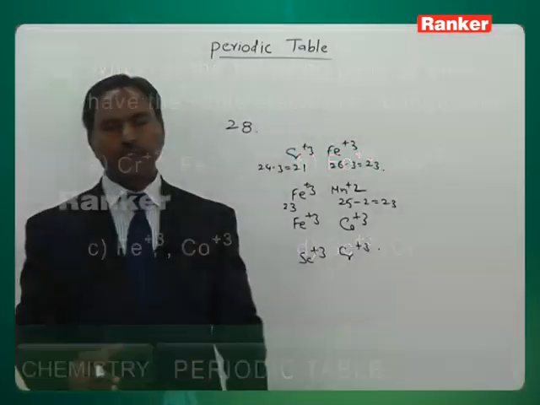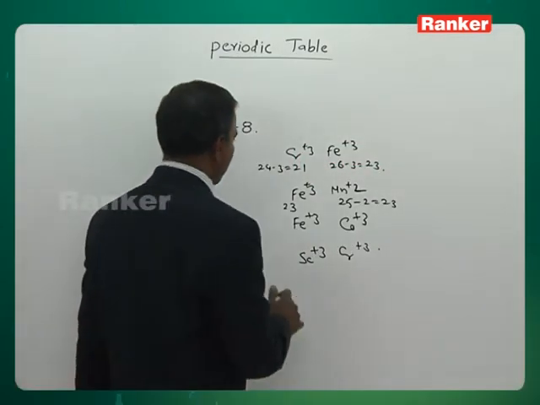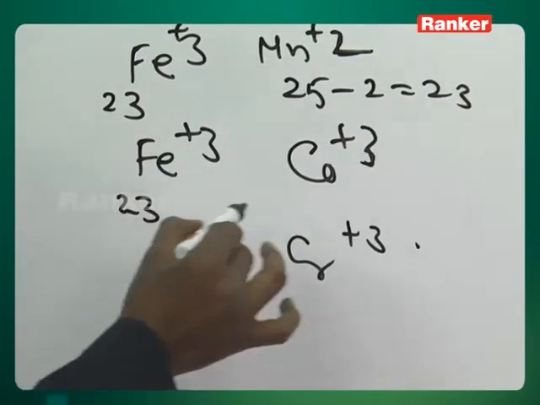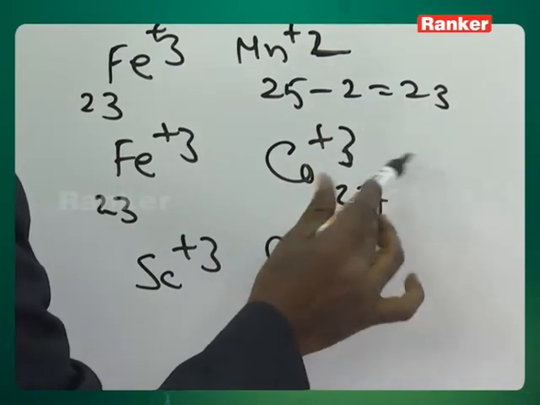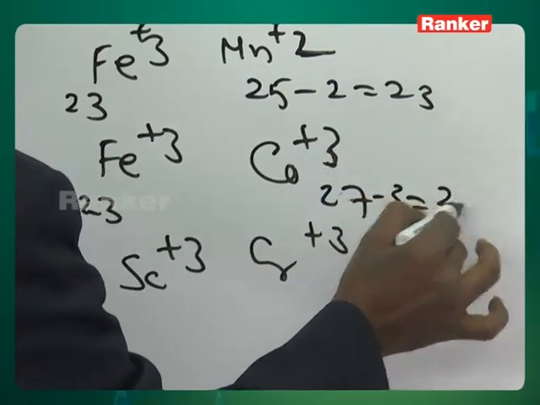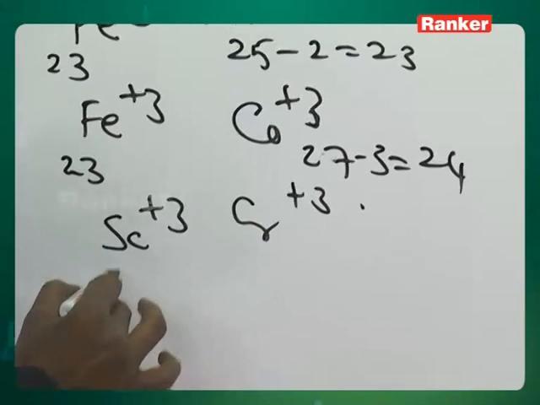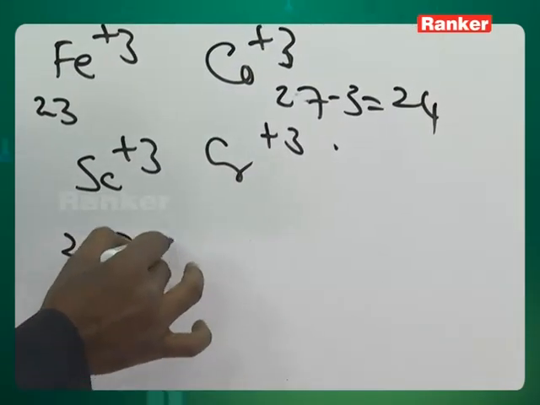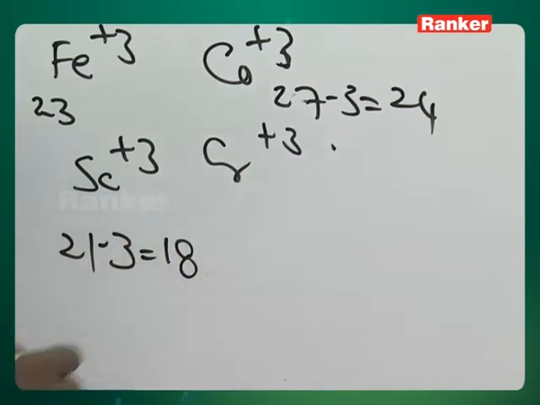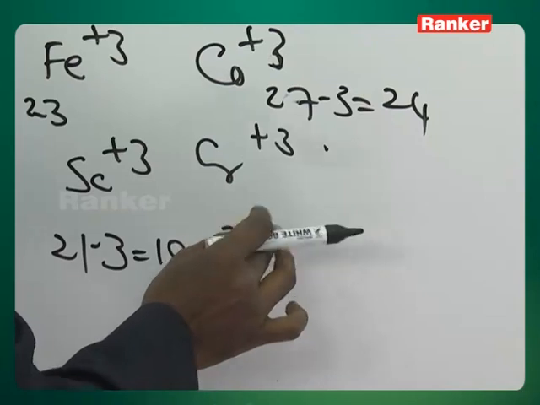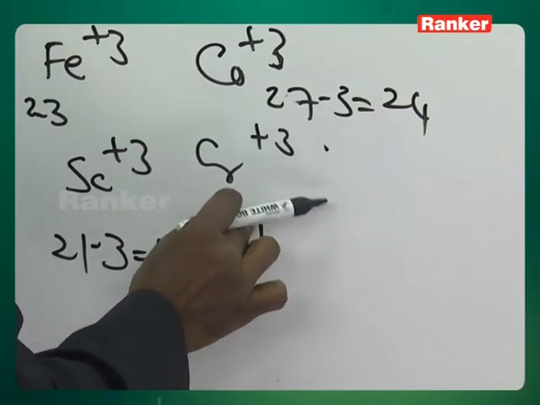But let us see C and D also. Now we consider Fe plus 3, which we have taken as 23, right? Cobalt atomic number is 27. 27 minus 3 is 24. Scandium is 21. 21 minus 3 means 18. And chromium, which we have already taken, comes to 21 again.